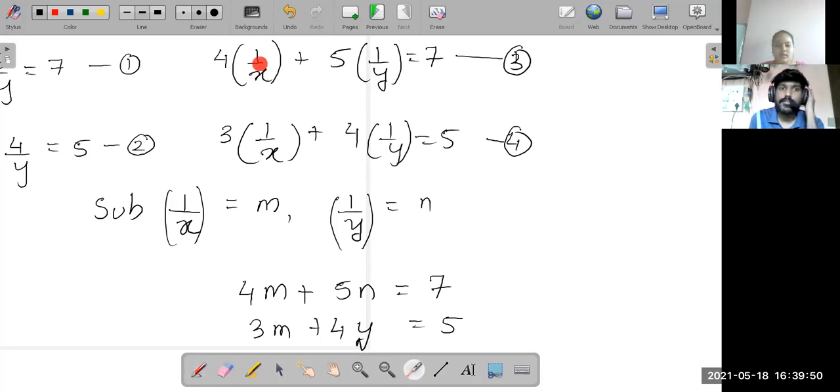In this equation here, 1 upon x is what? m. So put m here. So 4 into m, 4m. 1 upon y is n. Then what happens to 1 upon x? Nothing happens. We are just replacing it. It is there as it is. We are just giving it a new name. 1 upon x is m, 1 upon y is n. We are giving it a new name, a new variable. Okay.